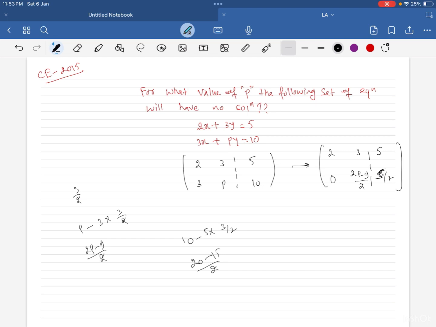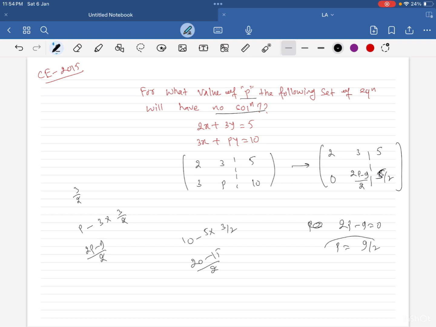What we have to find is the value of p for which we have no solution. If we make this 0, so 2p minus 9 is equal to 0, then from here p is equal to 9 divided by 2.